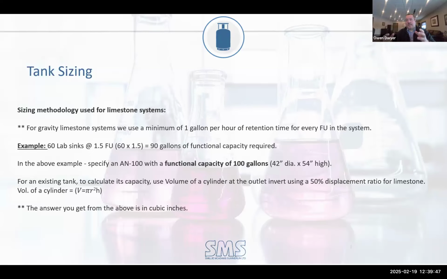So if you specify a tank that's, in this case, 100 gallons, but then I add 1,000 pounds of calcium carbonate limestone to it, my actual functional capacity has changed by a factor of 50%, because that tank will not be large enough to do the job it should. I'll go into that a little more in a minute. So once you get your volume, pi r squared h, the divider is 277.42 to get imperial gallons, or 231 for US gallons, because it's giving you an answer in cubic inches.